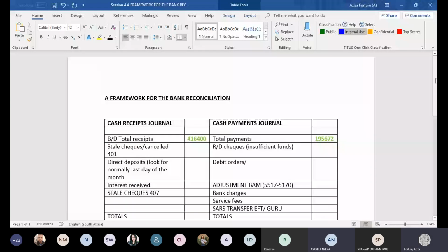We're going to record it on the cash receipt journal as a stale check, because it's more than 6 months. Under the cash receipt journal. The amount is 12,000.